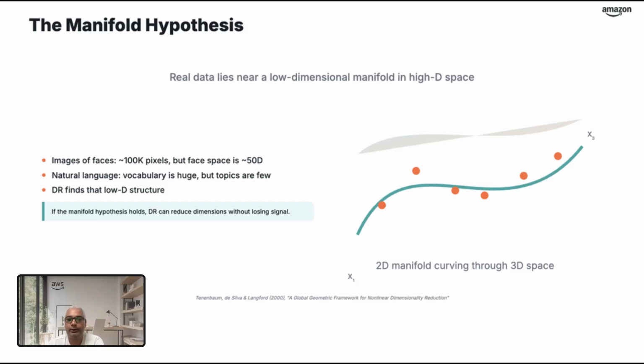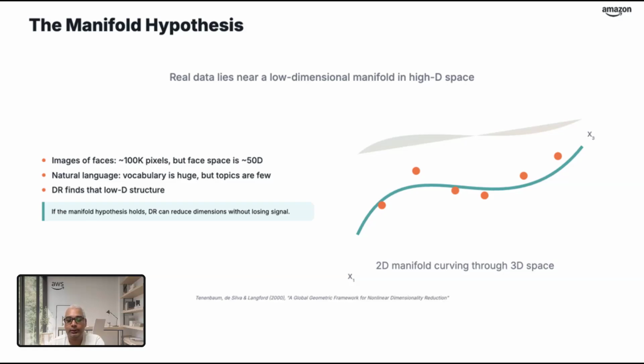So simply think of a manifold as a smooth curved surface, as we see in the right-hand figures, where we see a three-dimensional space, but really a two-dimensional plane is embedded inside it, and the data points are actually lying on that two-dimensional surface and not arbitrarily scattered through the three-dimensional space.